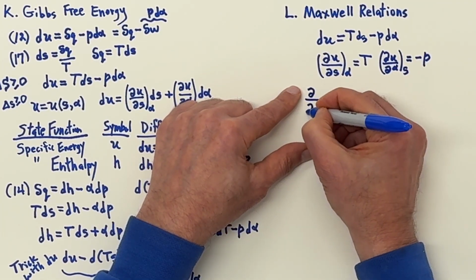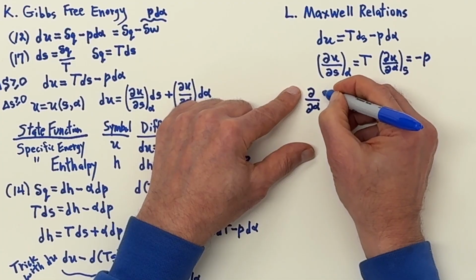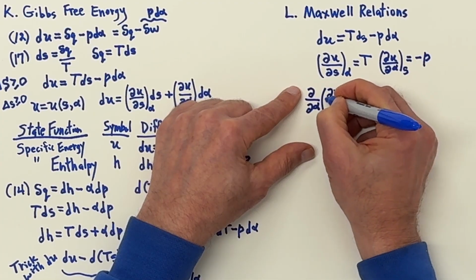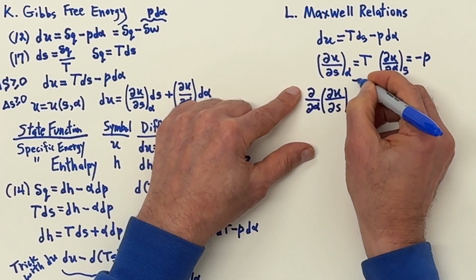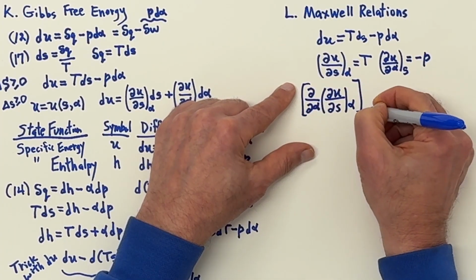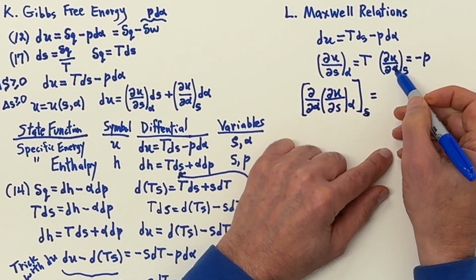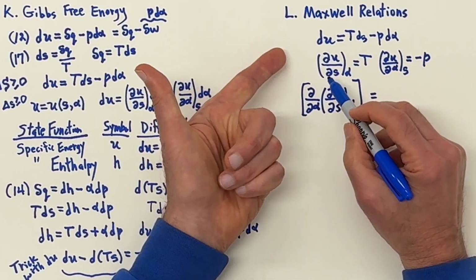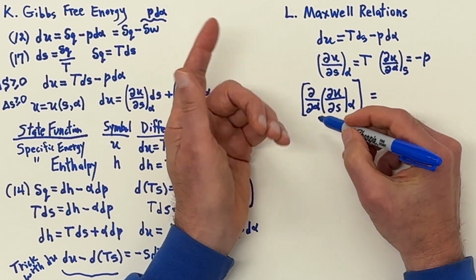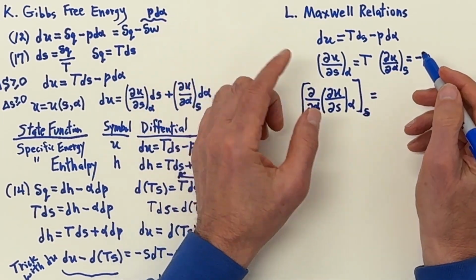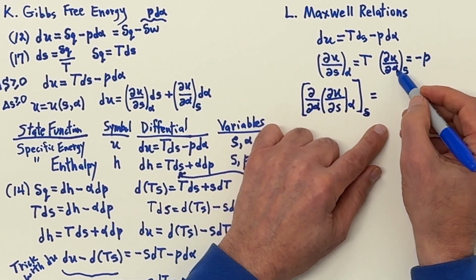Let's just write it down. d alpha, and that's going to be the derivative of what we have here, and this is going to be at constant s. And we're going to do here the derivative that we have over here. We're going to work on this one. So we basically have the second derivative. We're going to have alpha and s in different order. So here we had the alpha one first.